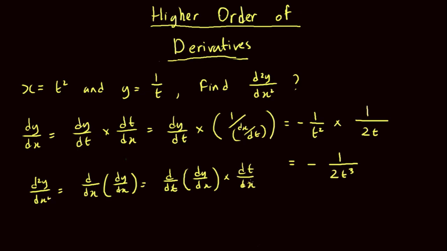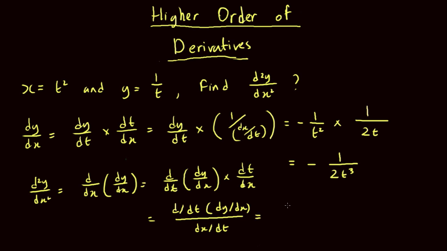Okay, which in this case would be d/dt of dy/dx, times 1 over dx/dt. So in this case, it's pretty straightforward.